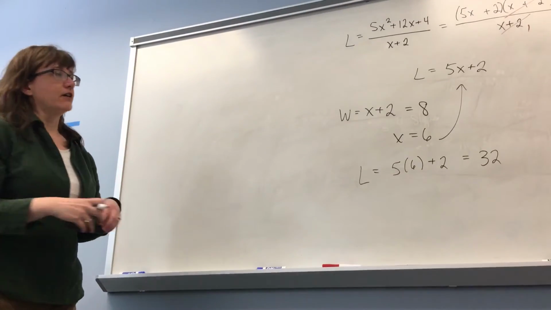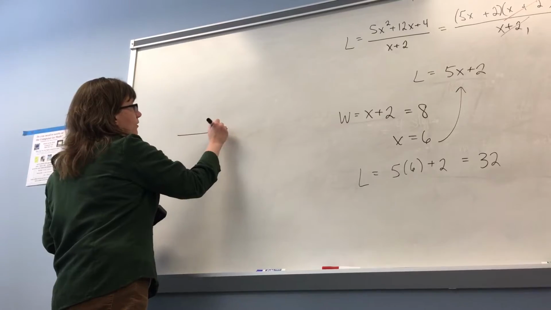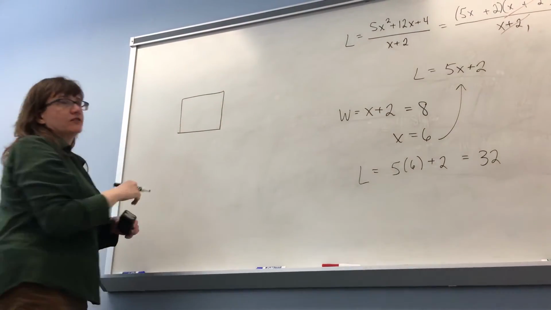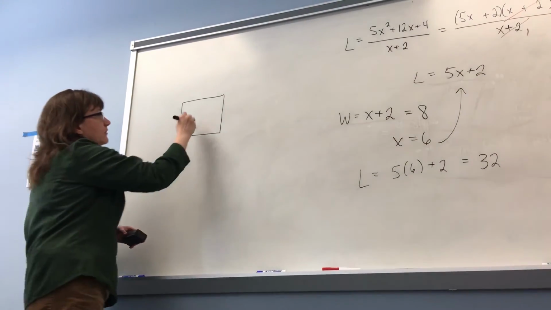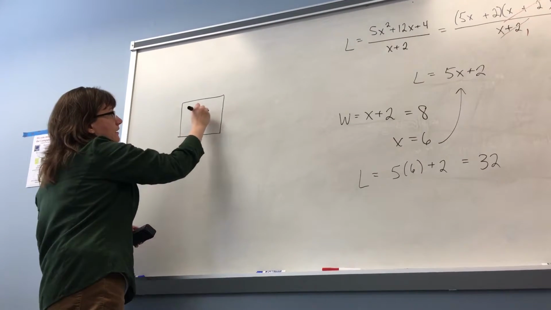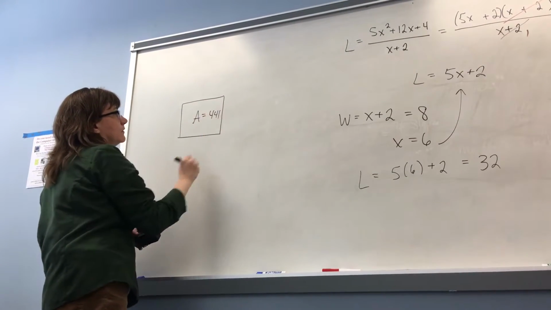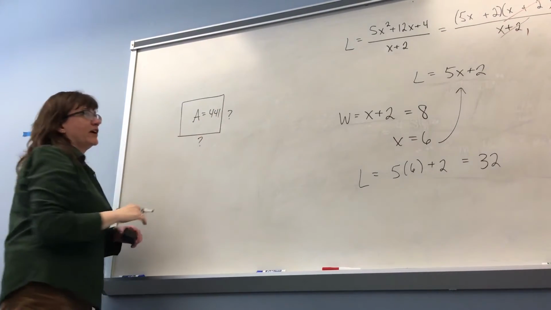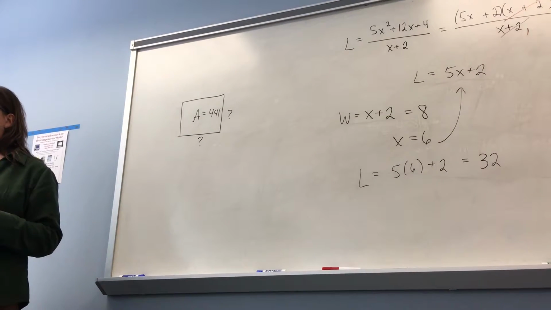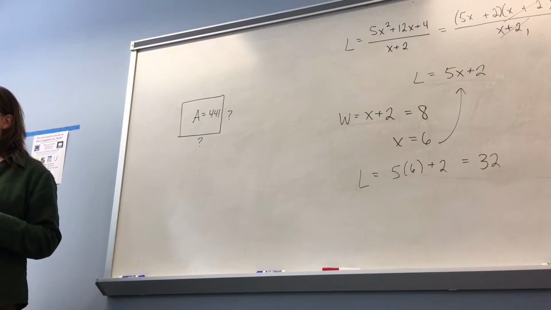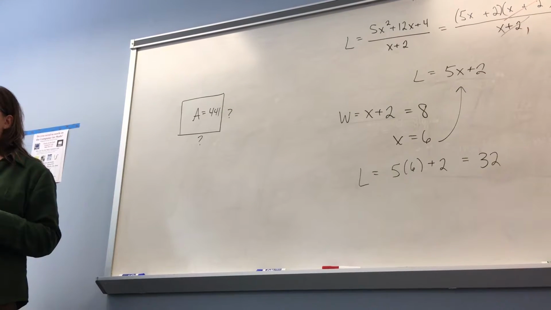We have the area, but we also know that the bottom of the box is a square. So if the area is equal to 441, how do I find out what the length of a side is? Any ideas?